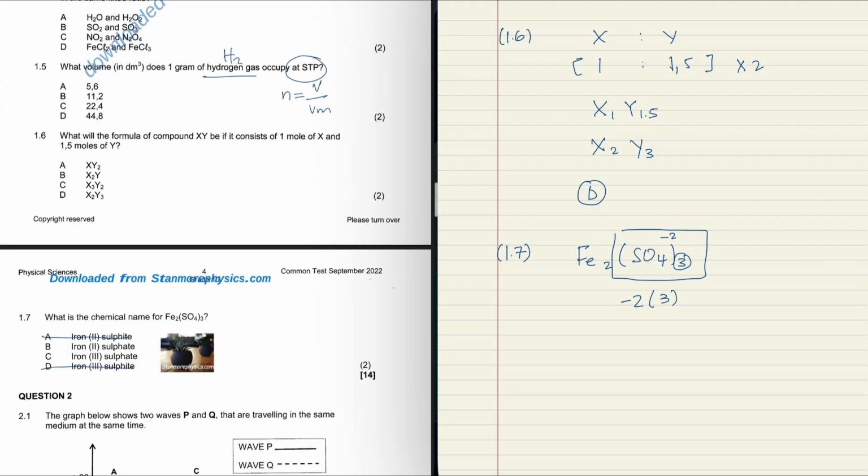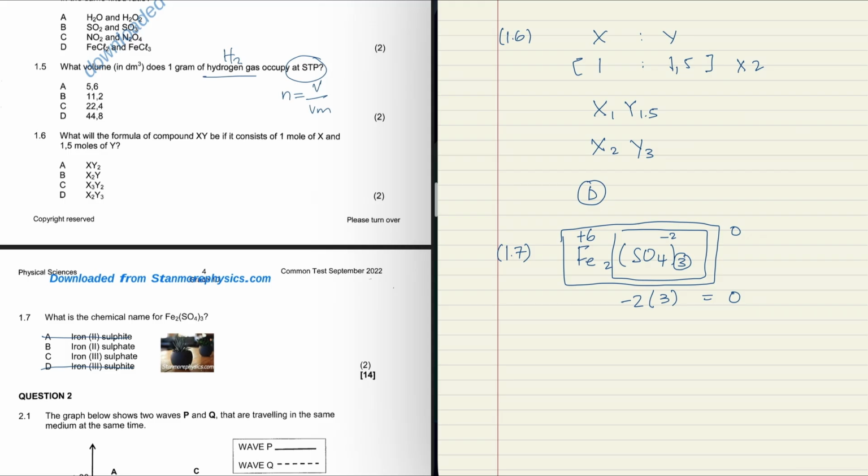So for this entire compound to be neutral, or have a sum of 0, what should the charge of Fe2 be? Well, Fe2 has got to be plus 6, because 6 minus 6 is 0. However, since we have 2 Fe's, each one has got to be plus 3.